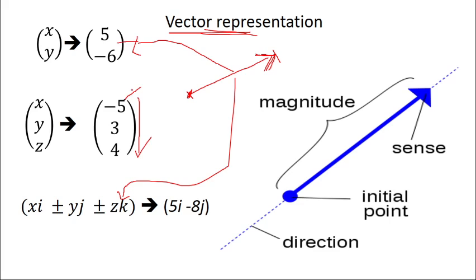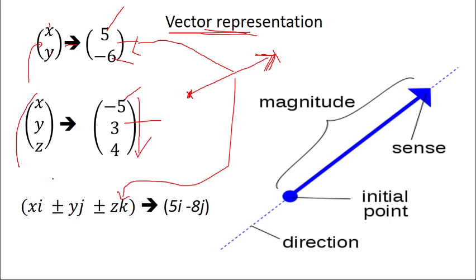This is a 2-dimension, this is a 3-dimension. We say that a vector can be represented with x coordinate, y coordinate. An example is this, 5 and minus 6. This is a vector that has 5 as the x coordinate and minus 6 as the y coordinate. This is the 3-dimension version of this one.